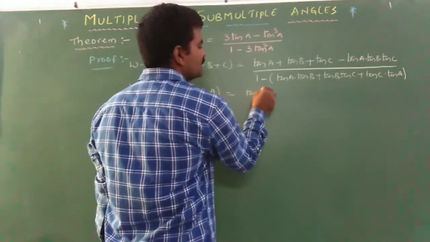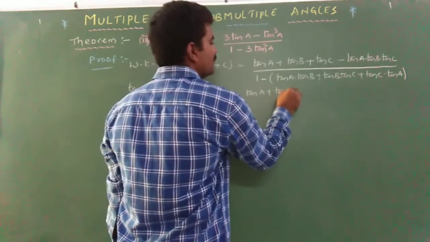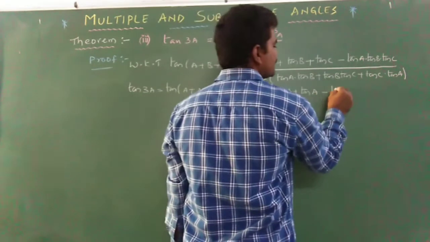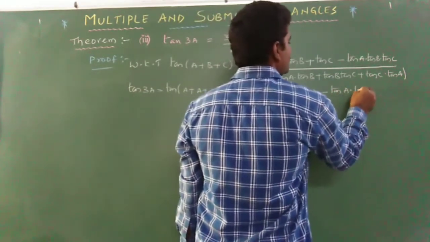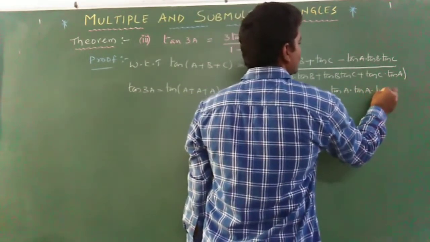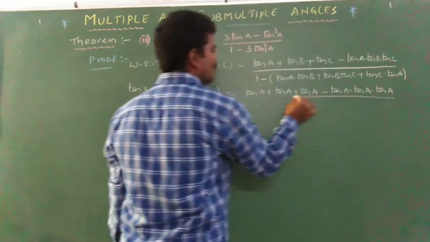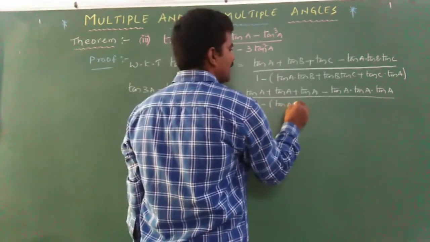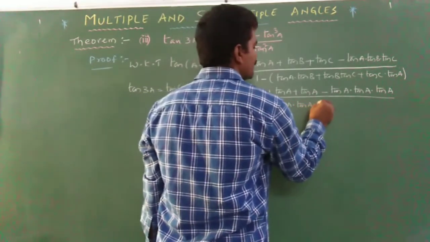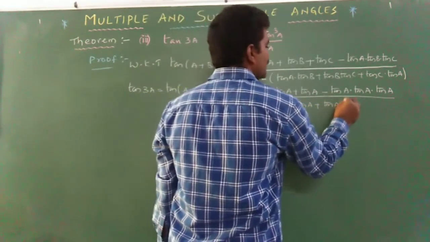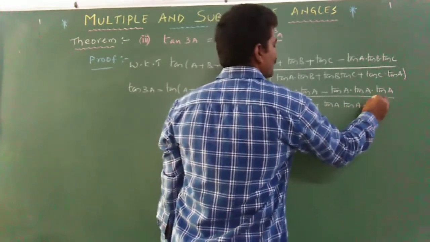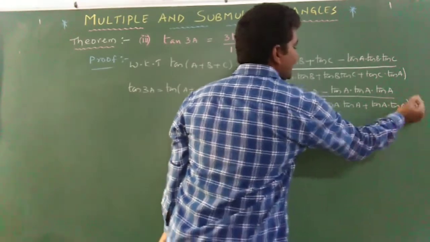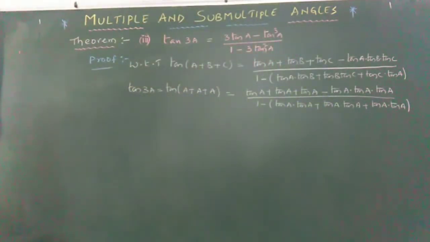If you do that, this is nothing but tan A plus tan A plus tan A minus tan A into tan A into tan A, whole divided by 1 minus of tan A into tan A plus again tan A into tan A, and then the last two terms also tan A into tan A.